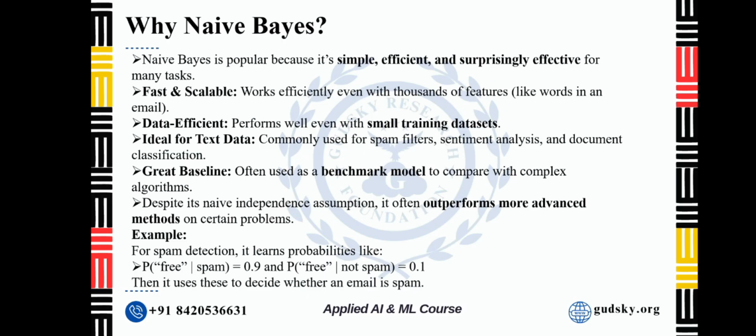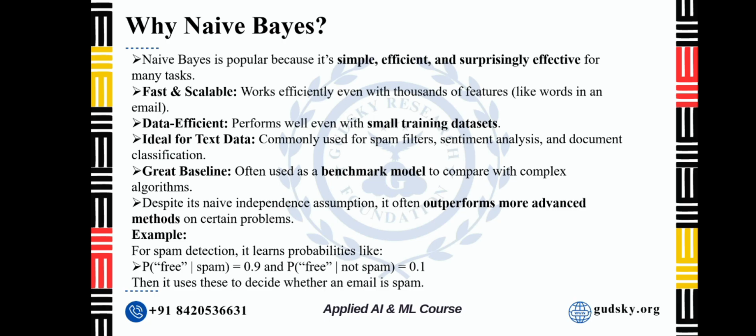For instance, imagine a spam filter that learns probabilities like P(free | spam) = 0.9, P(free | not spam) = 0.1. So if the word free appears in a mail, naive Bayes will lean toward calling it spam, even though it assumes that all words act independently, which is not always true.